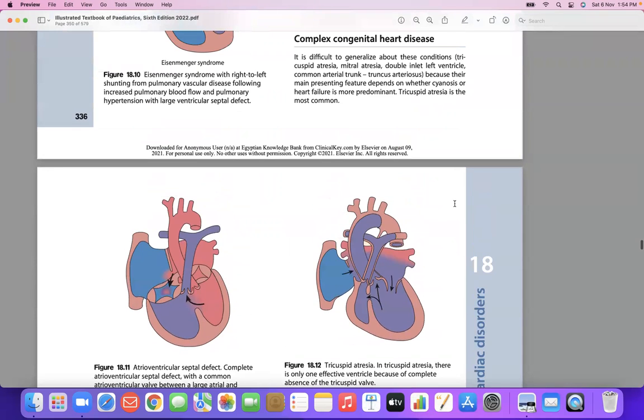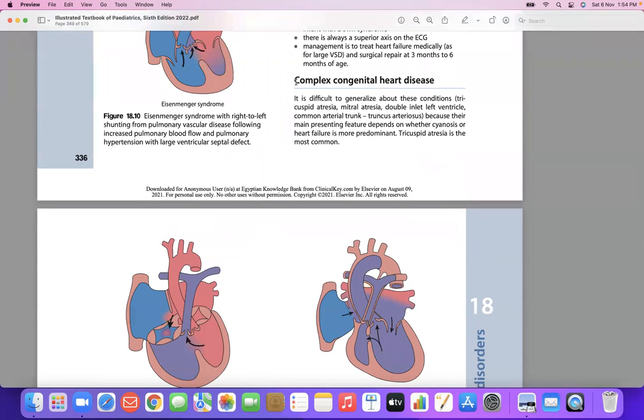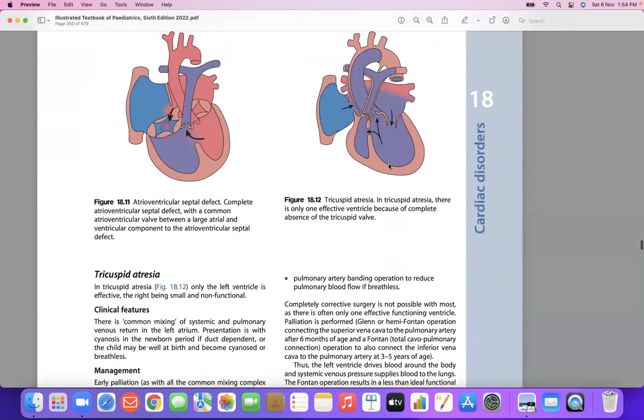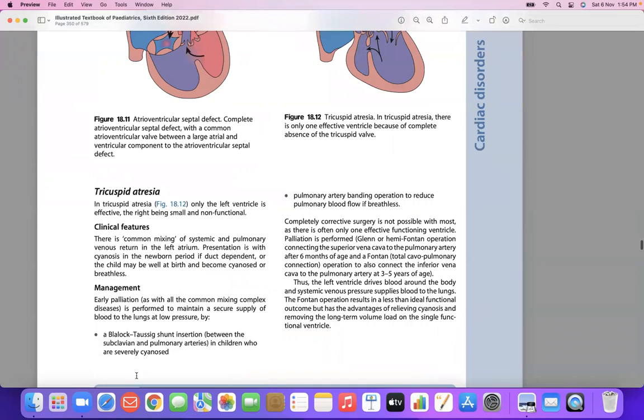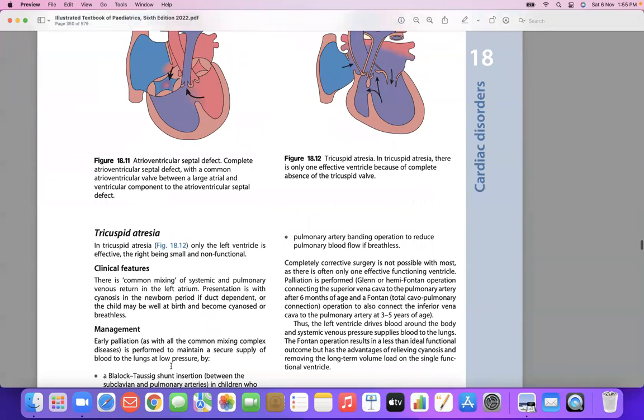That's why they come under the name complex congenital heart disease. They can present with cyanosis, or with breathlessness, shortness of breath, and heart failure. So if severely cyanosed, BT shunt to increase blood flow to the lungs. If more blood is flowing to the lungs, then you will do pulmonary artery banding operation.